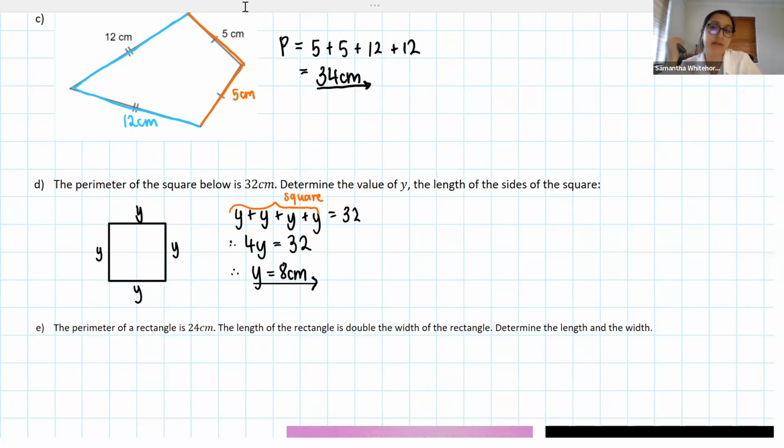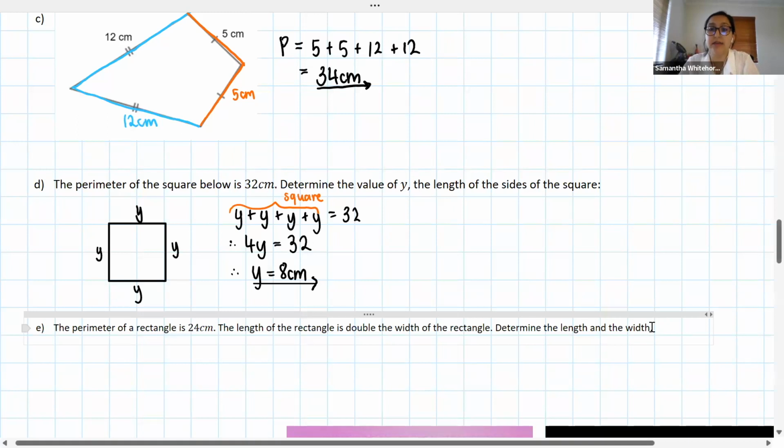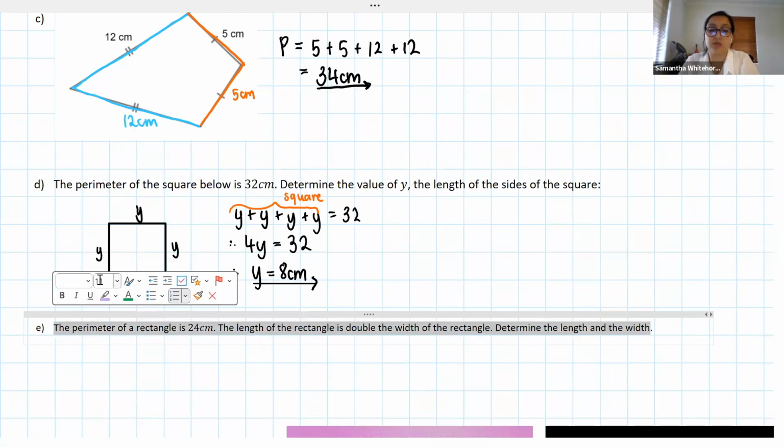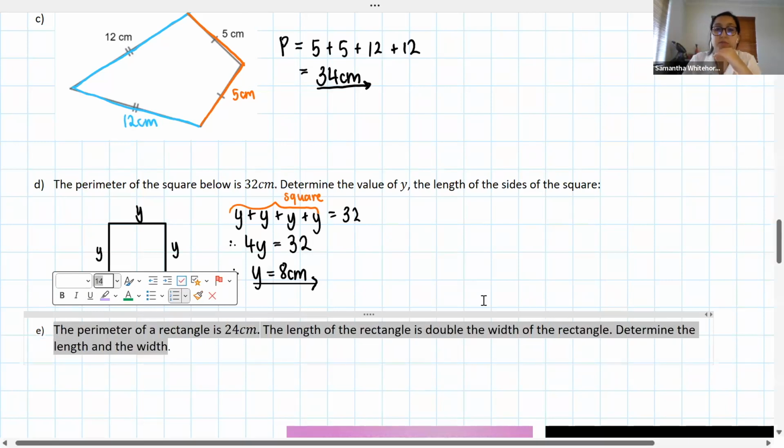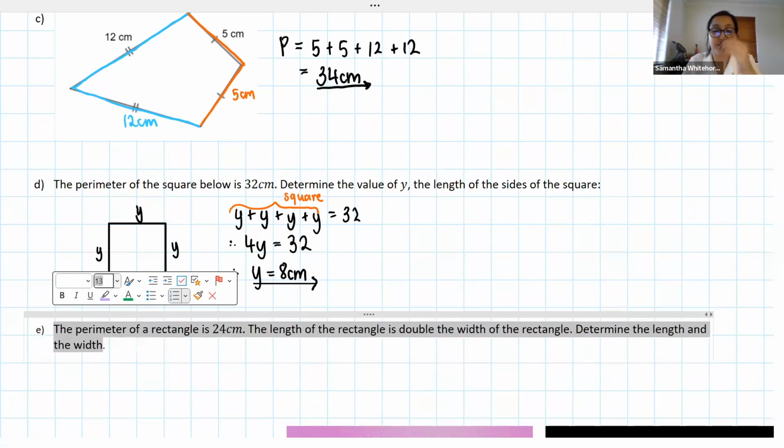And grade 8s, my advice is always, if we don't give you a picture, draw one. It honestly is really, really helpful. If you struggle to take the words and put it into maths, it's really helpful to be able to draw a picture for yourself.